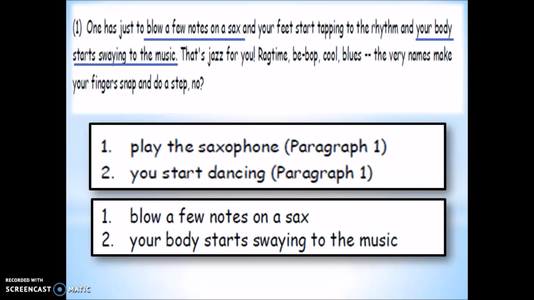The number one was blow a few notes on a sax and start swaying to the music. You know that movement, that swaying, so your body starts swaying to the music. That is actually meaning you start dancing.